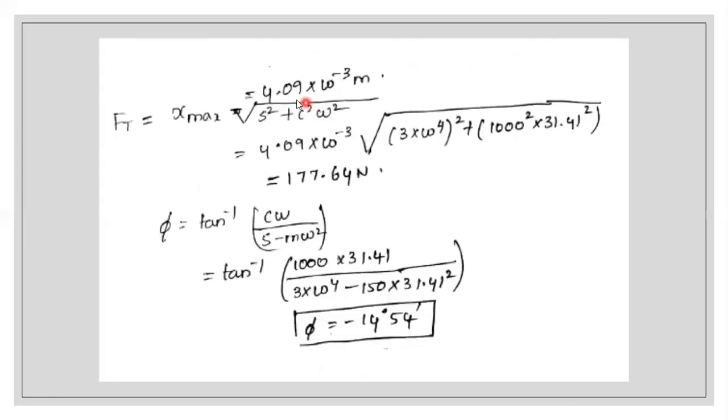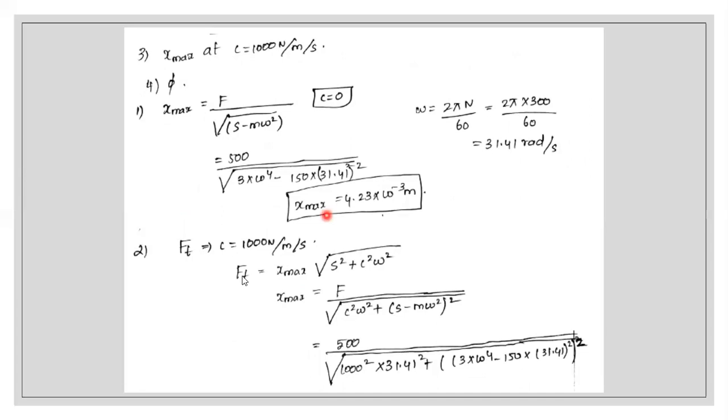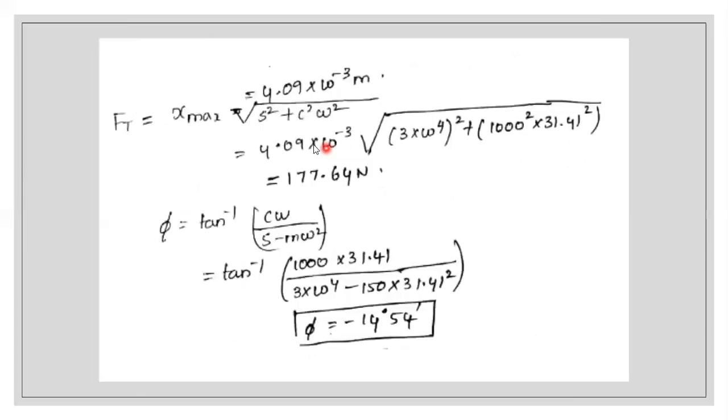Once you calculate X max, directly substitute the X max value, and the remaining stiffness, C, omega, everything you will know. The C value they have given is 1000. So directly substitute the C value and determine the force transmitted. You'll get an answer of 177.64 Newton.